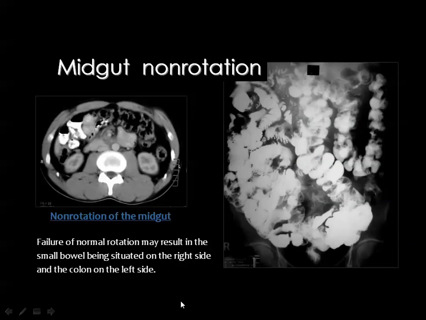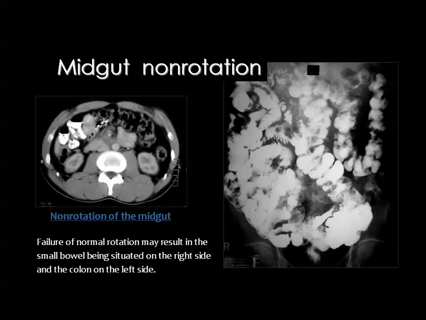Then this is one of the previous techniques for evaluation or the demonstration of the abnormal rotations in the gut, and this is a simple non-rotation of the gut. You see the colon is to the left side of the patient and the small bowel are to the right side, and this is almost asymptomatic.